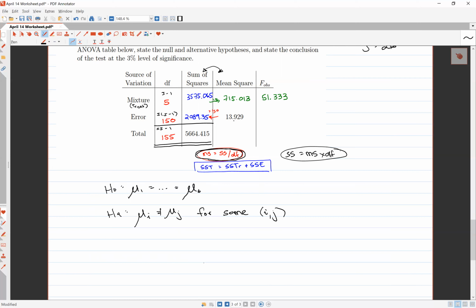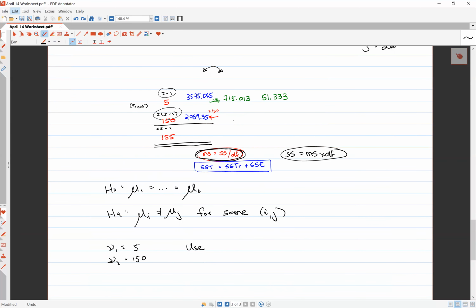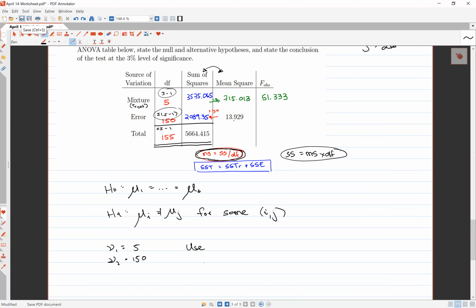So we have our F observed, which means we can calculate our p-value using the appropriate reference distribution. Now here, the distribution degrees of freedom, you'll see the formulas here. Sorry about that. The formulas here are exactly the degrees of freedom formulas for the reference distribution.